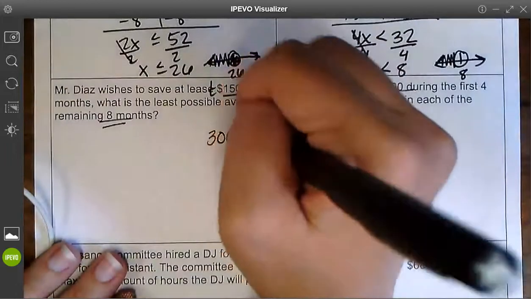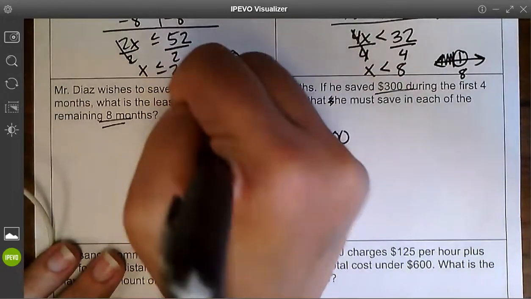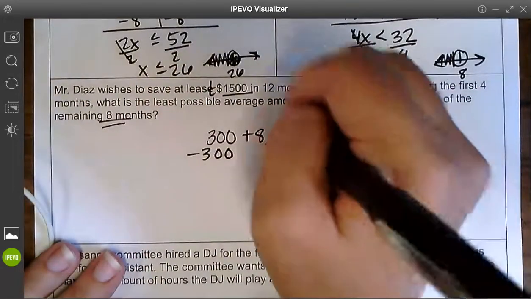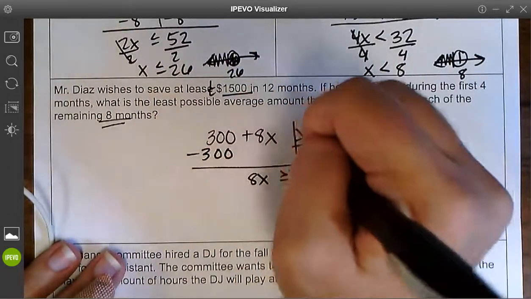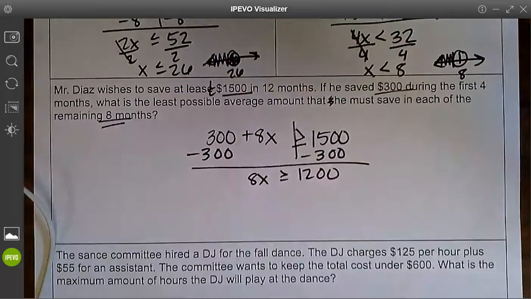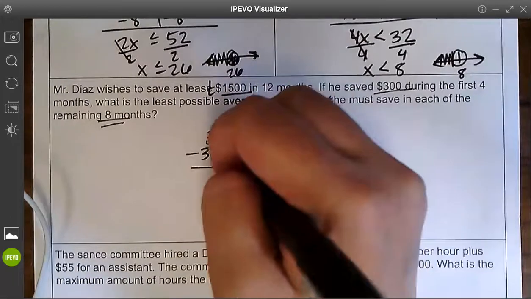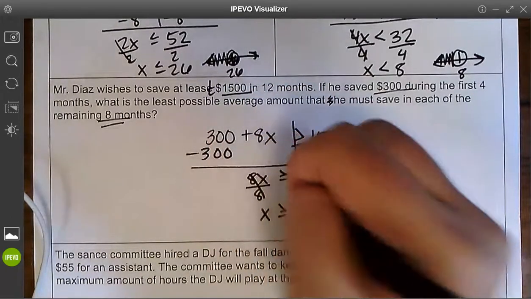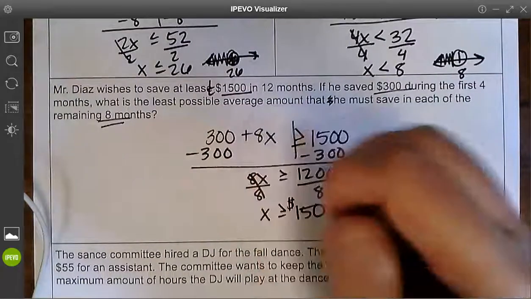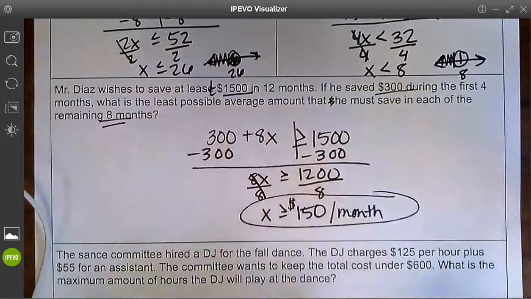So plus 8 months times whatever he saves. Solve this inequality. I'm subtracting 300 from both sides. You get 8x is greater than or equal to 1,200. Divide both sides by 8, and you get x is greater than or equal to 150. So he must save at least $150 a month for 8 months to meet his goal.